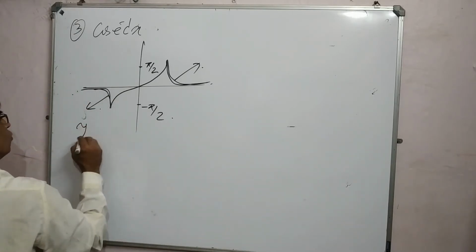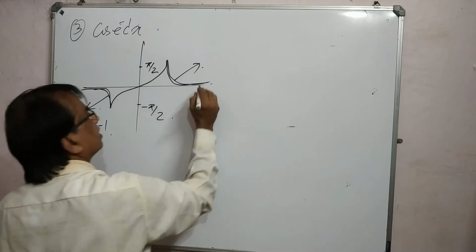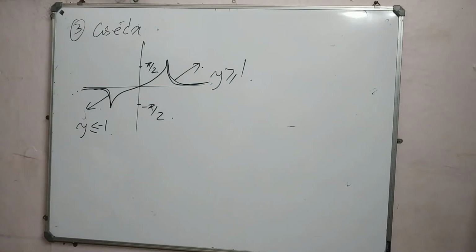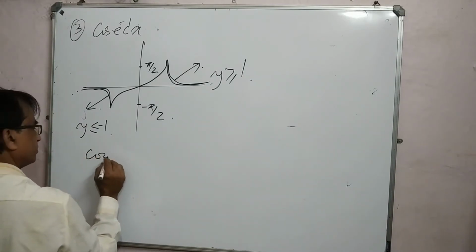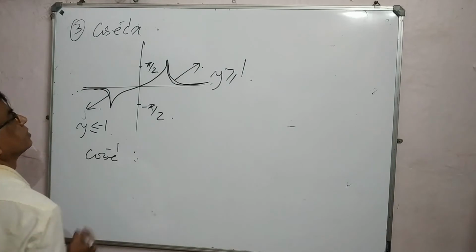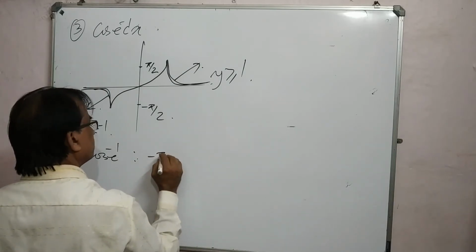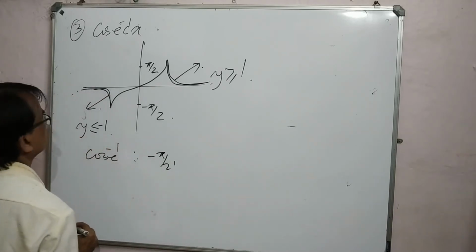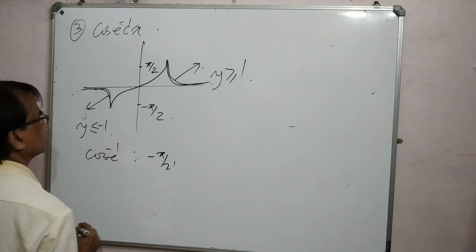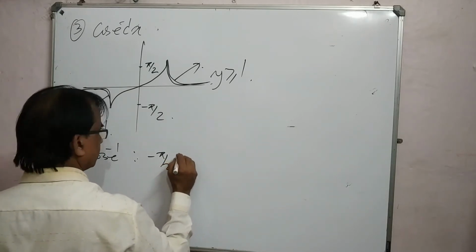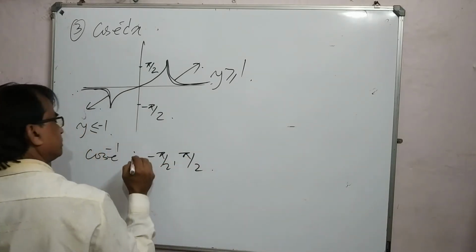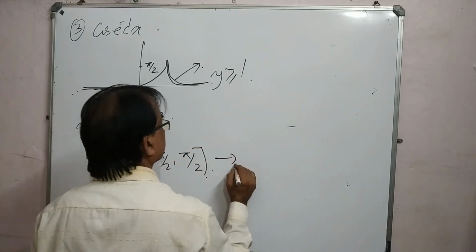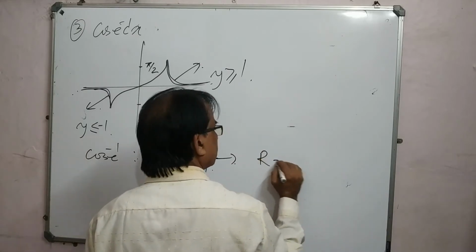What you find here is y is less than or equal to minus 1 and y is greater than or equal to 1, and cosec inverse ranges from minus pi by 2 to pi by 2, so that range is very important.